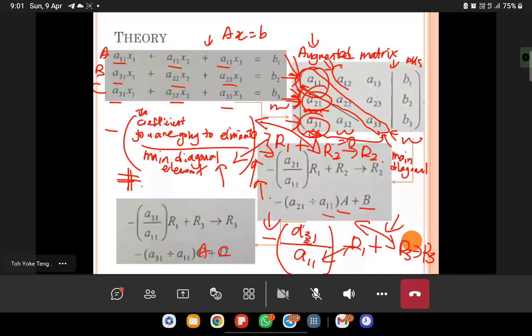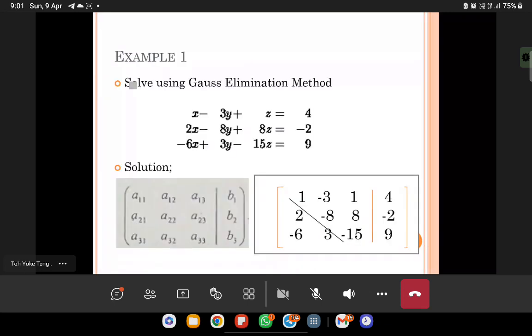So A stands for the first row, B stands for the second row, and C stands for the third row. It's up to you, you may also use other variables like X, Y, Z. The first thing is please don't confuse the variables you are going to use here. Okay, first example.